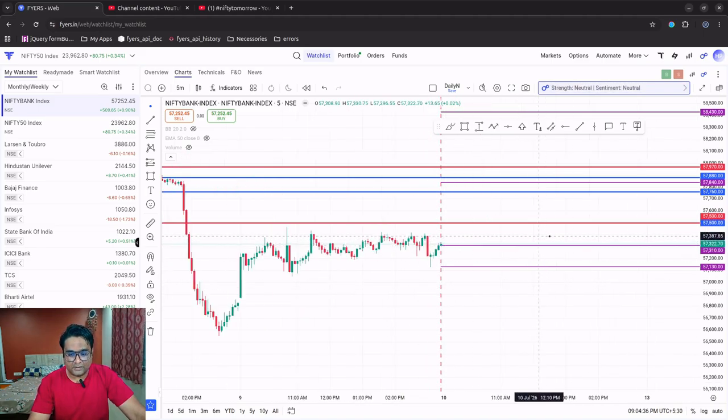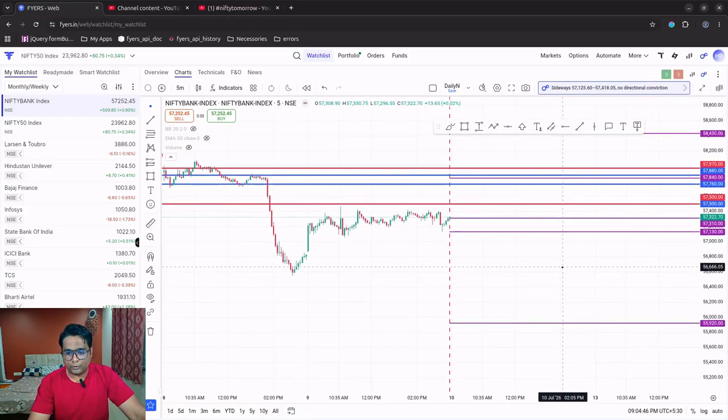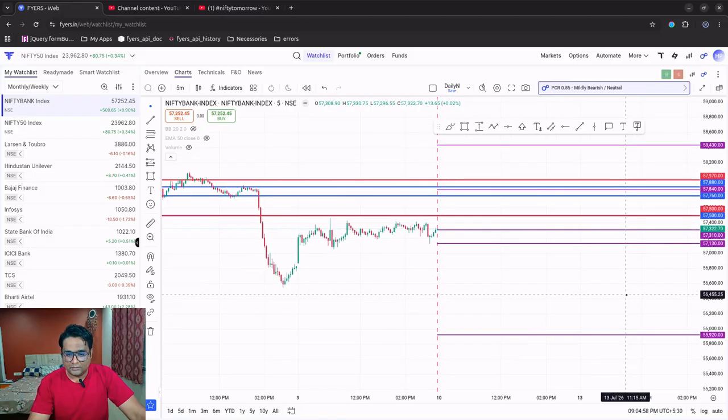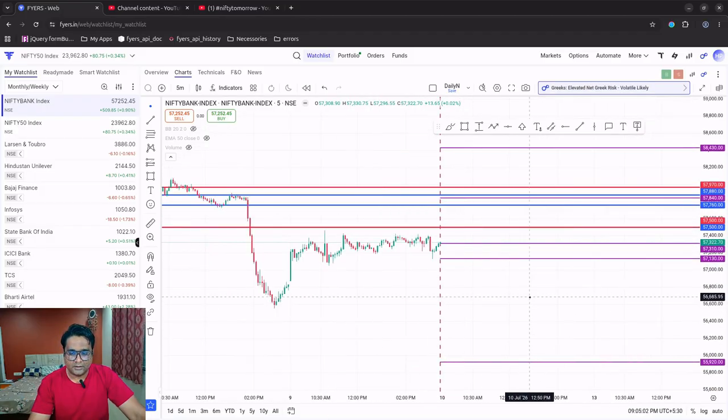Just check whether the price is closing above or below 57,500. For tomorrow, these purple key levels are the daily key levels: 58,430, 57,840, 57,310, 57,130, and then we have 55,920.